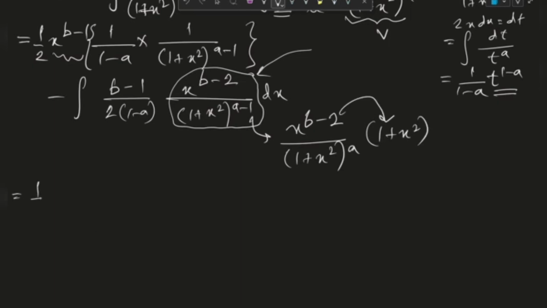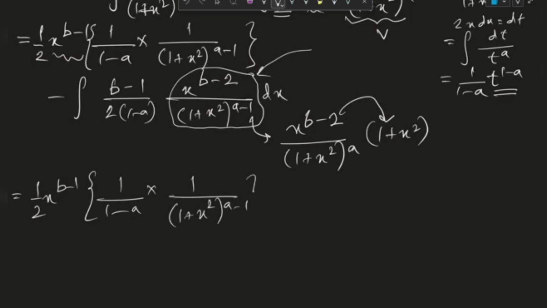So now this part is constant, so I'm writing it 1/(1−a) multiplied by (1+x²)^(a−1), and this becomes the integral of (b−1)/... okay, what I will do is, because (b−1)/(2(1−a)) is completely a constant, we will keep it outside this integration part.